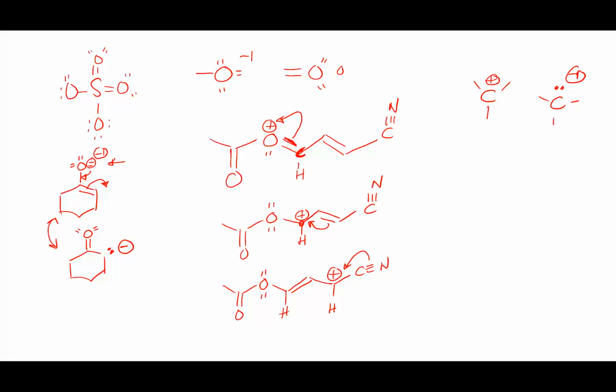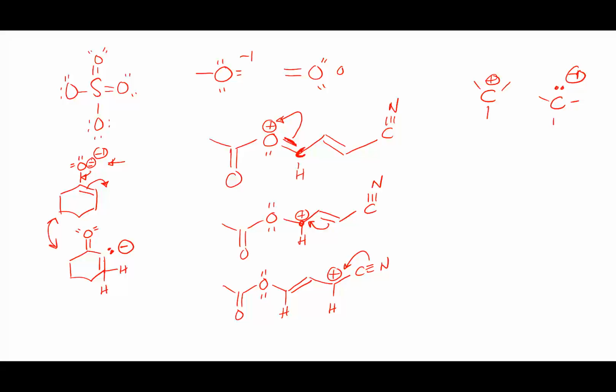Is that stable? Would it stay, or would it turn into a double bond between that carbon and the one below it? Okay, good question. Can I continue the process? In other words, could I take this pair of electrons and form a double bond here? No. Why not?